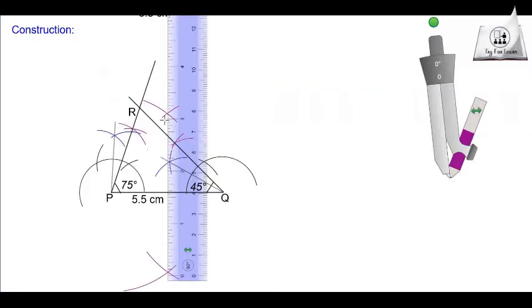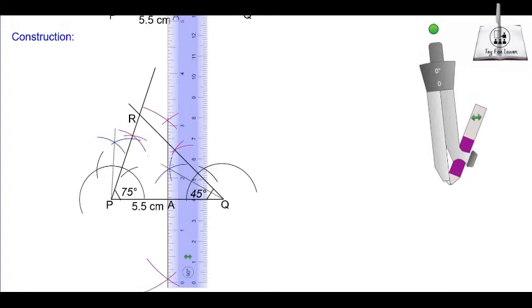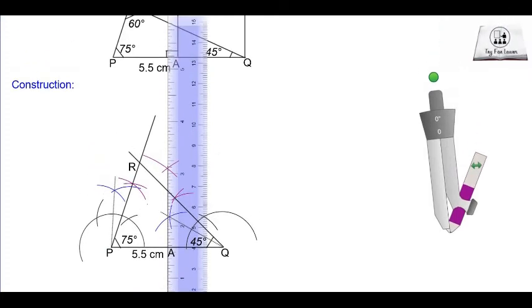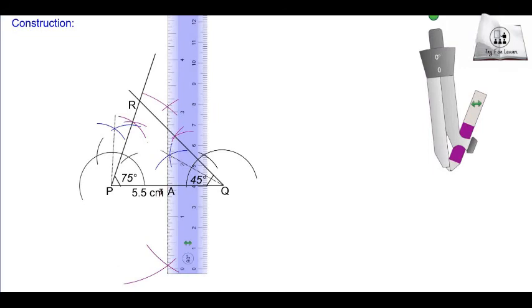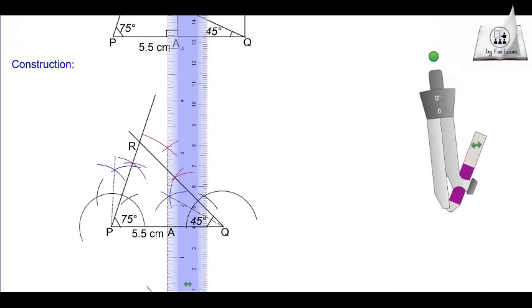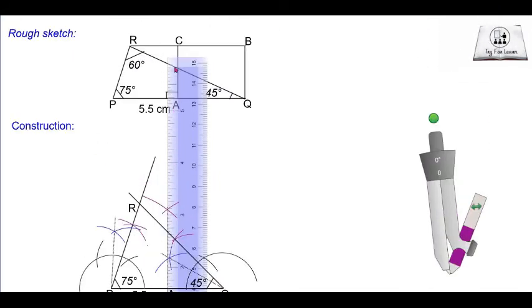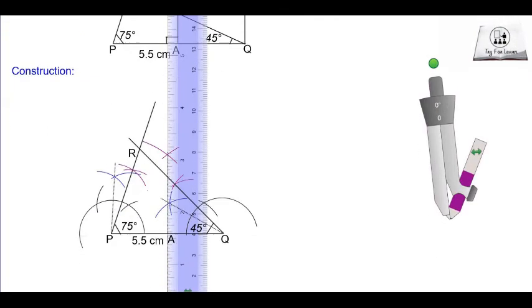Now if you join these two intersecting points, then you will get the midpoint of PQ, and the line will be perpendicular to PQ. This line is perpendicular to PQ, and this intersecting point is the midpoint of PQ. In the rough sketch, you may see the midpoint of PQ is A, so write the name of this midpoint as A.